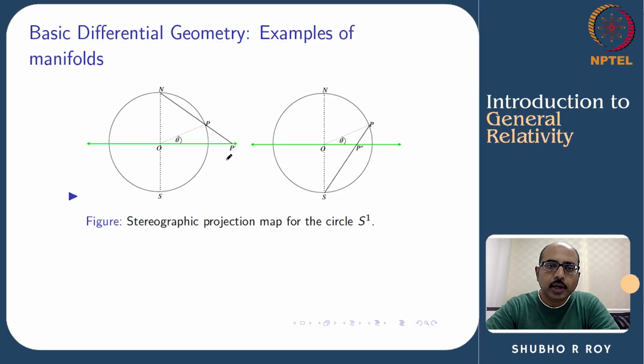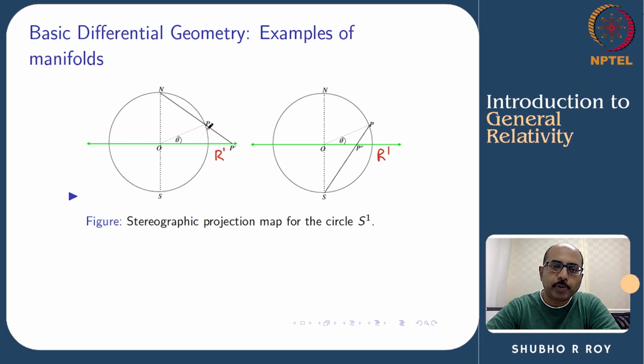So again, here I've drawn the circle twice, and this green line is of course R1. So the idea is that these charts should map the circle to some open set in R1. And the way you construct these for the north-based coordinate system or North Pole-based coordinate chart is in this way.